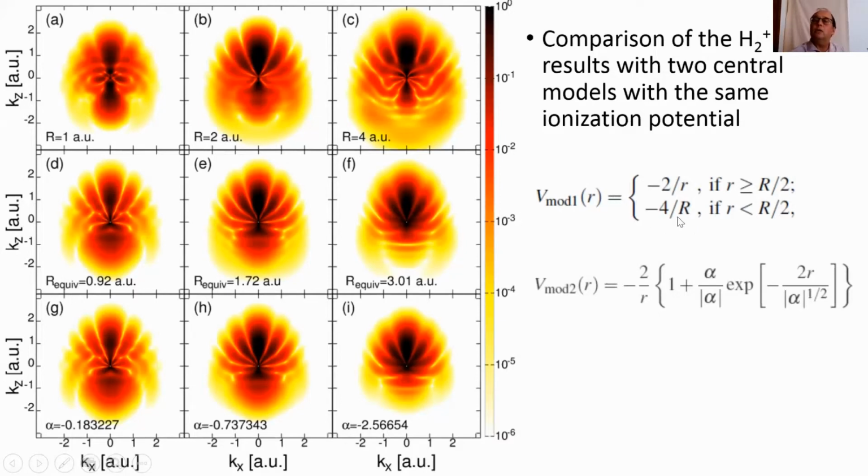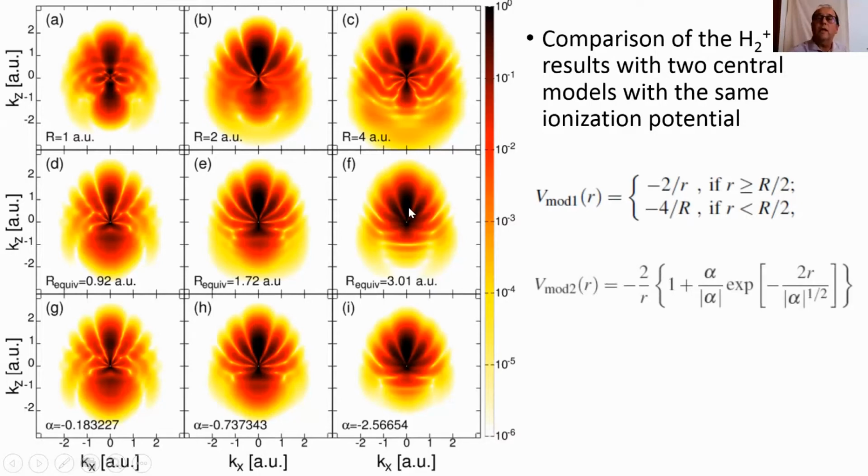For this potential, it is practically a charged sphere, and this is another model where we have also an exponential dependence. What you can observe here is that the two spherical models practically have the same pattern, but we have some slight differences between the molecular model and the central pattern.